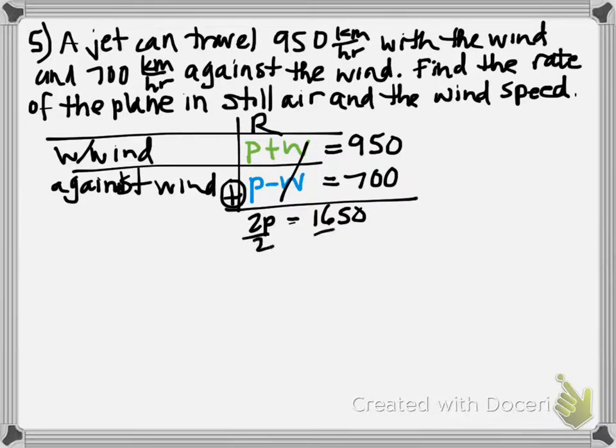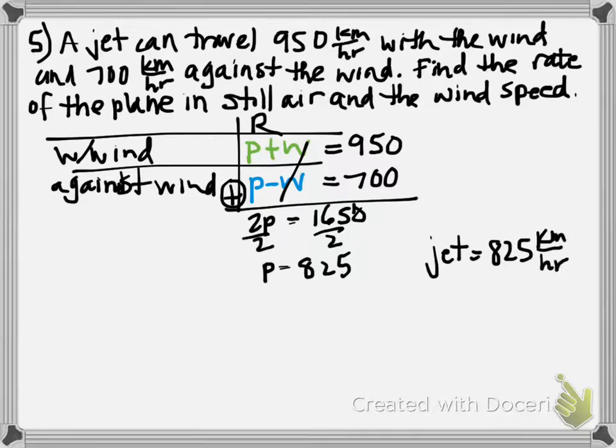I divide by 2, and 2 goes into 16 8 times evenly, into 5 twice, which is 4 with 1 left over, and into 10 5 times. So this is a jet, even though we wrote p, and the jet is going to go 825 kilometers per hour.